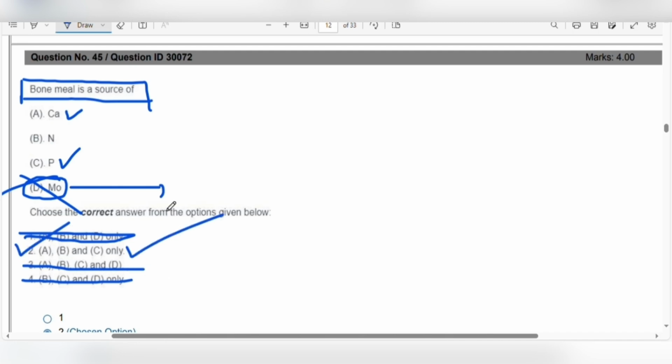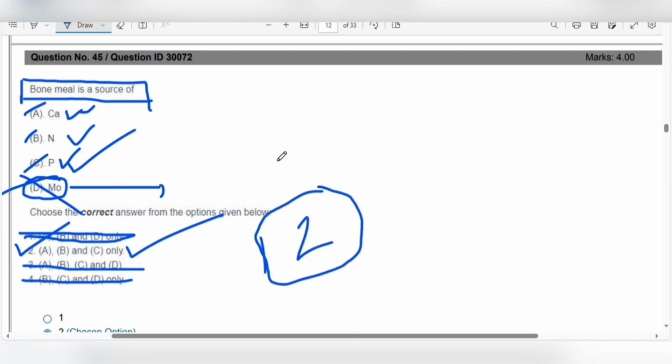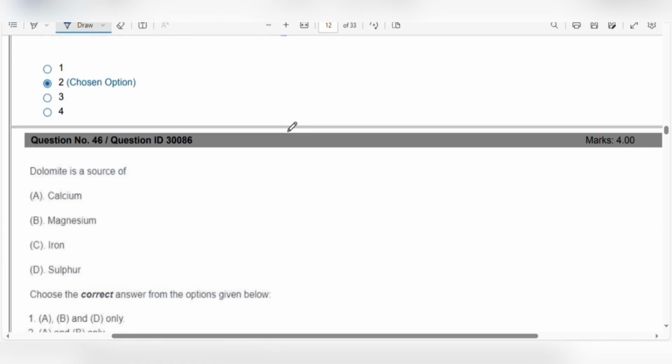It supplies some portion of nitrogen, a considerable portion of calcium and a huge portion of phosphorus. So bone meal is an organic fertilizer, that is manure, derived from bones of animals, and they supply calcium, nitrogen and phosphorus. So option 2 is the correct option, right? All right, moving on.